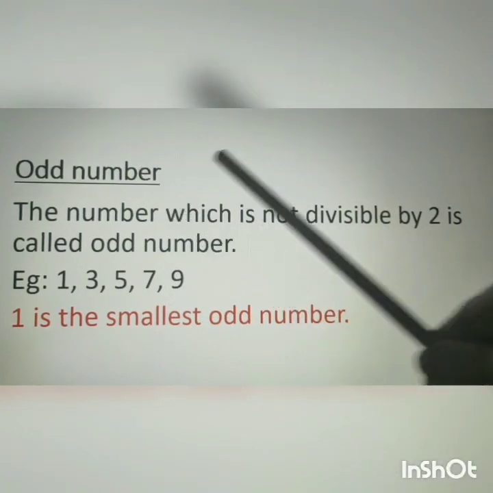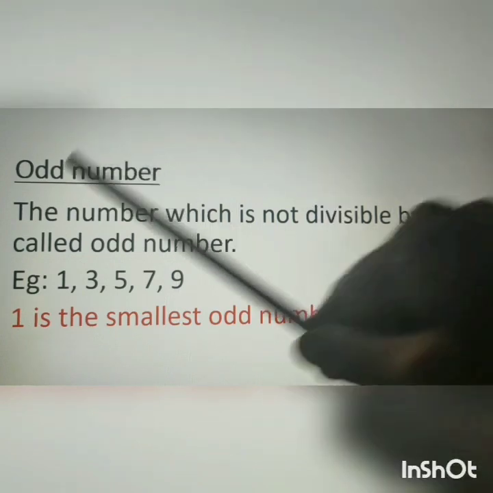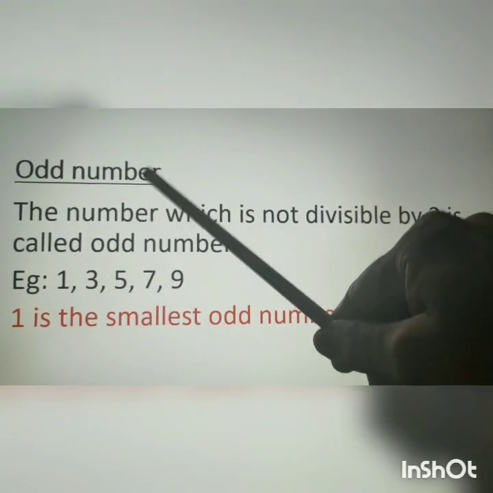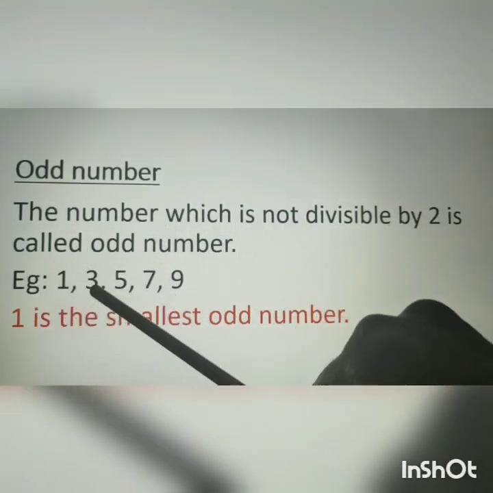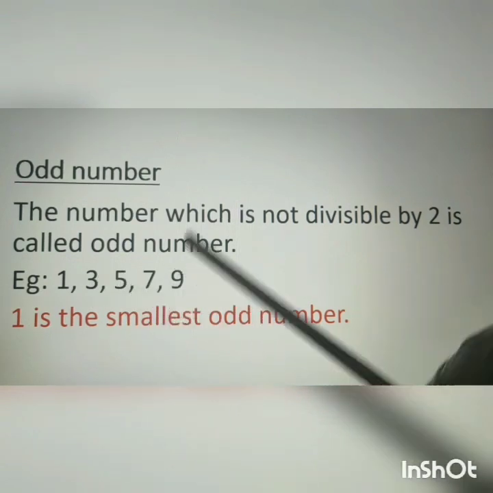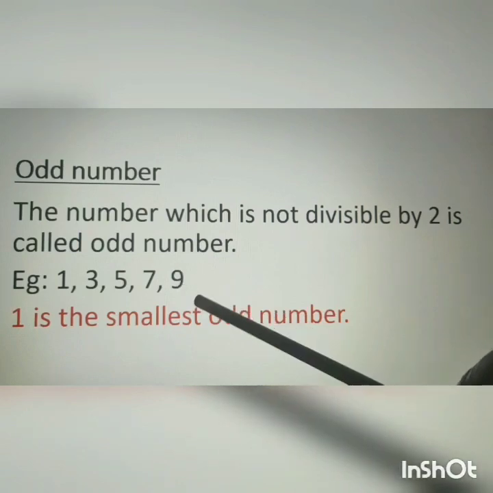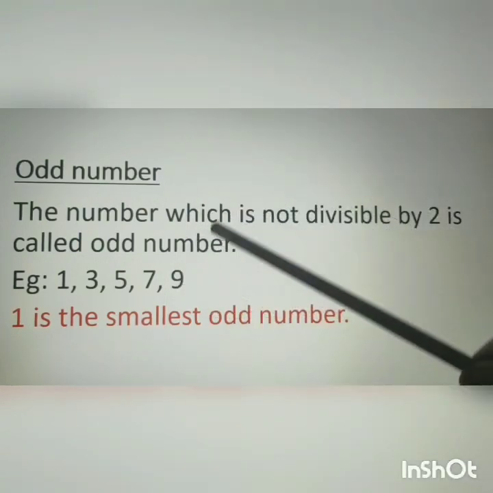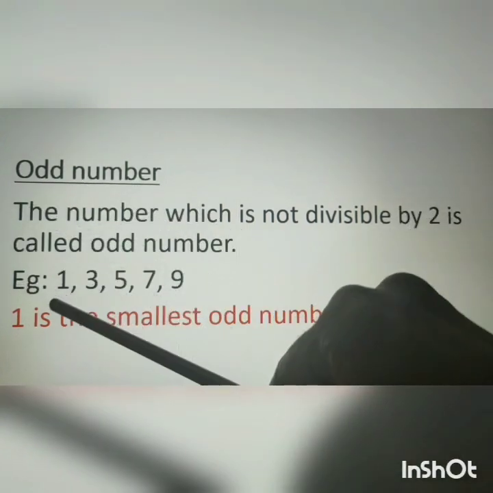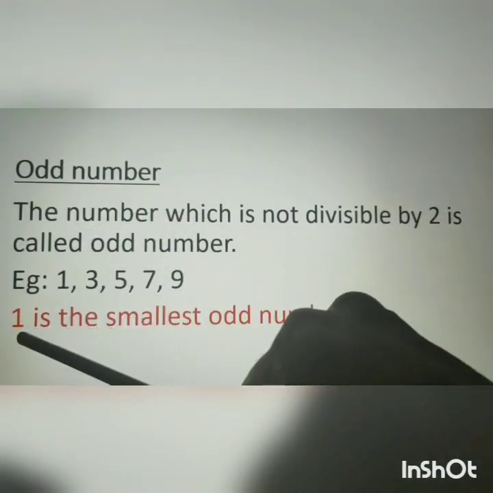And the number which is not divisible by 2 is called an odd number. Example 1, 3, 5, 7, 9, etc. When we divide these numbers by 2, we get a remainder. So such numbers are odd numbers. And the smallest odd number is 1.